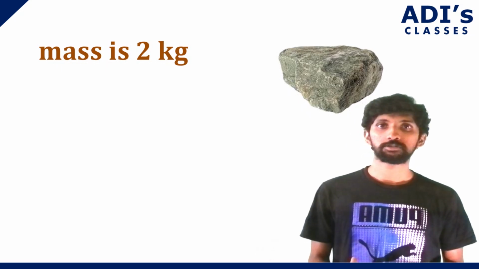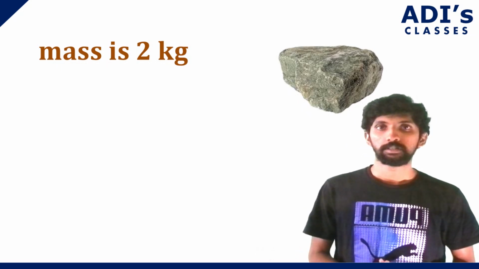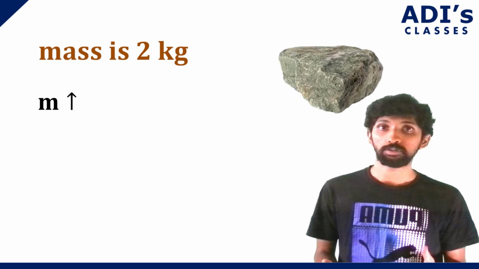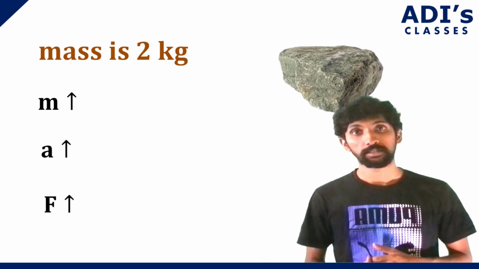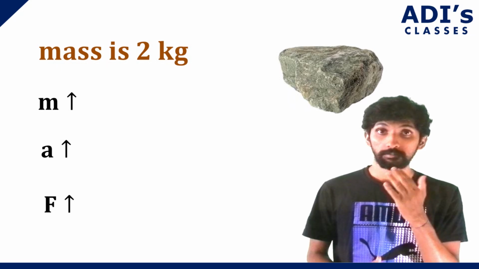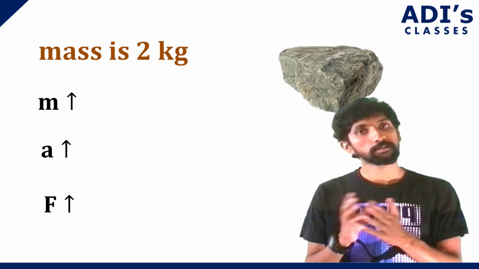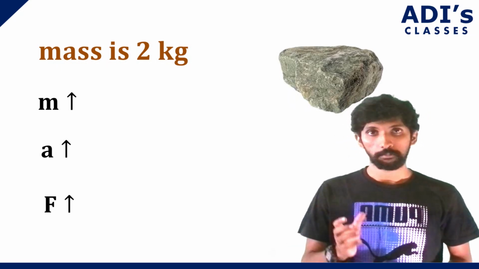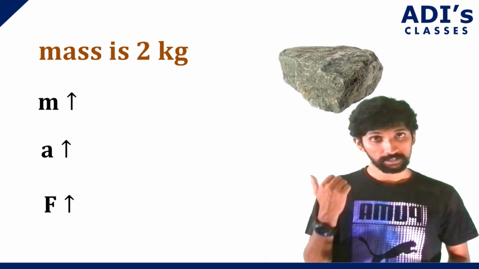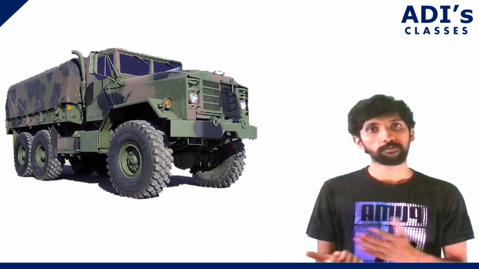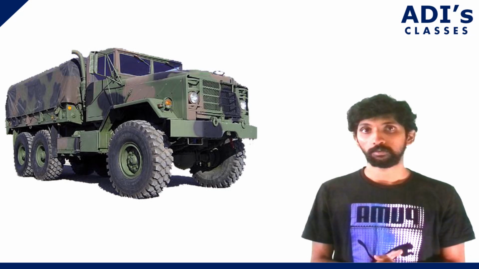If you throw it, the acceleration will be very high. The force becomes quite high compared to the toy car, because the mass is much higher and the acceleration is very high.